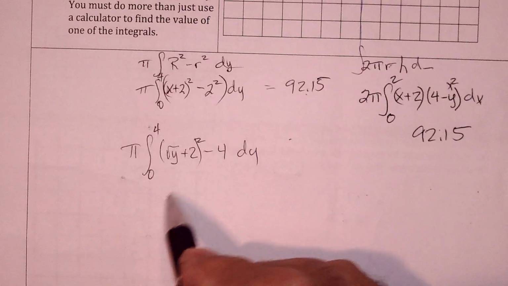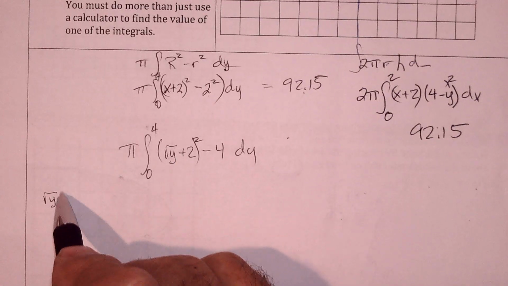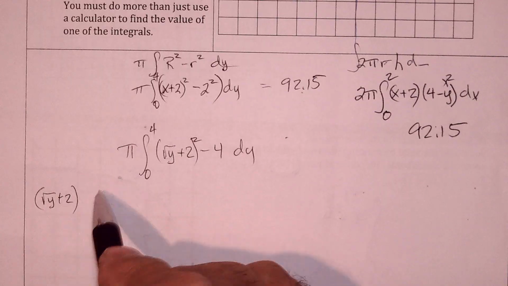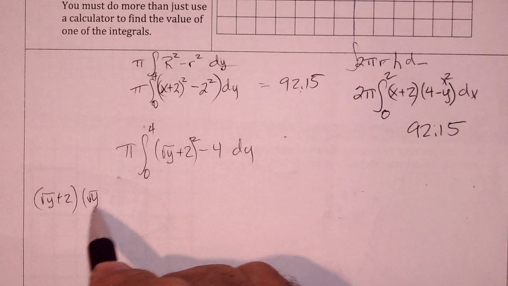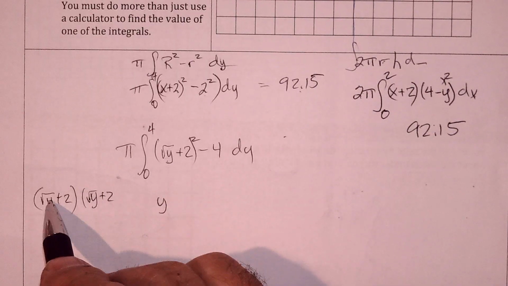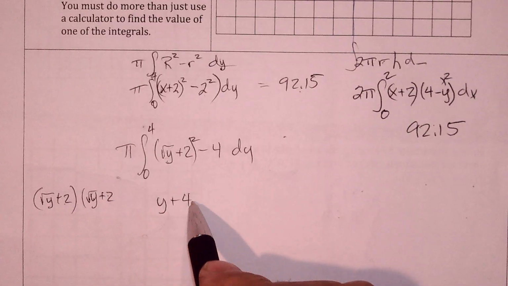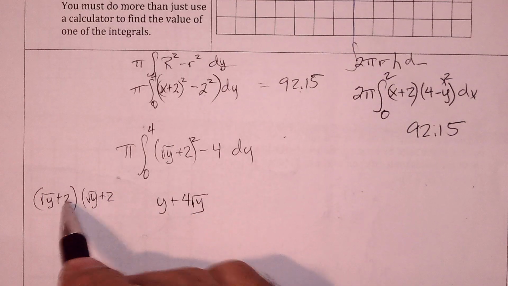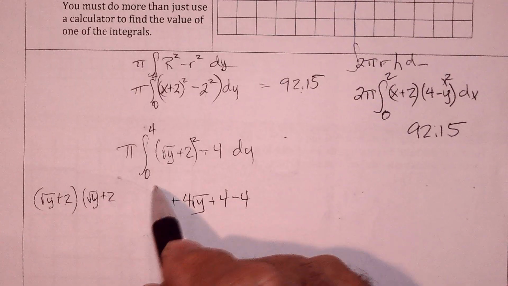That squared is square root of y plus 2 times itself. So that's going to be y plus 2 squared, y plus 2 squared, y plus 4 square root of y plus 4 minus 4.